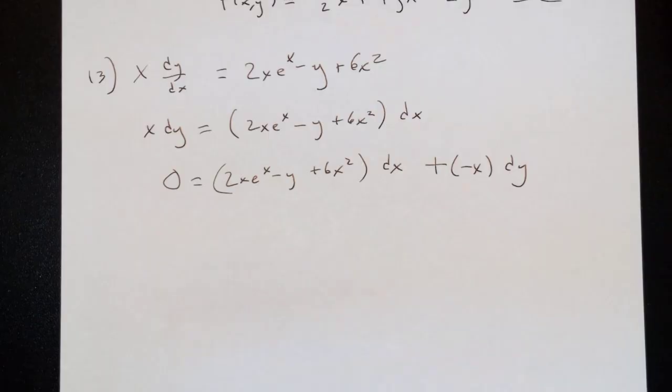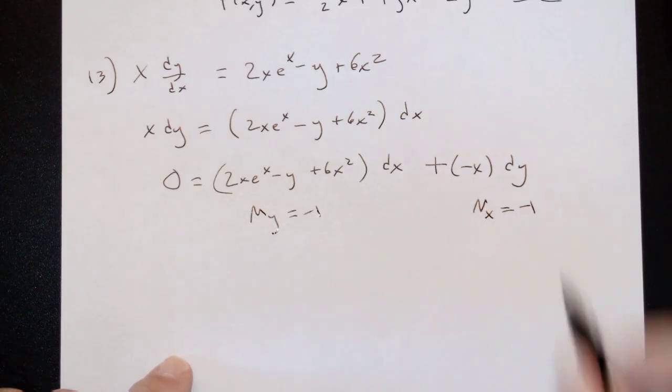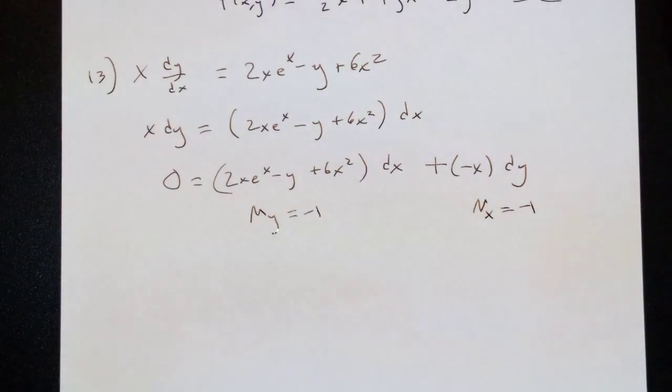Because M_y is -1 and N_x is also -1. Perfect. It's exact.